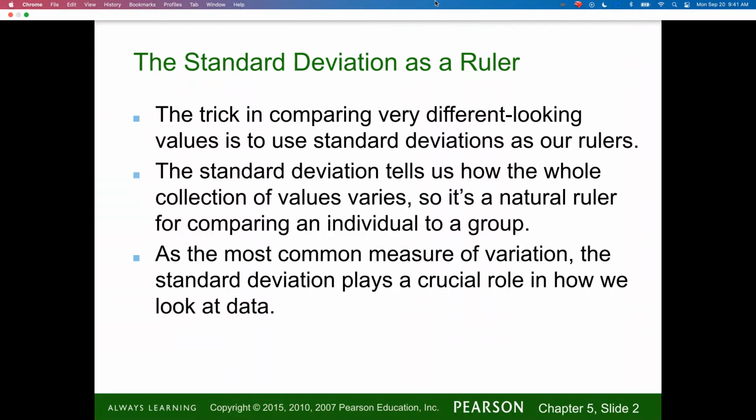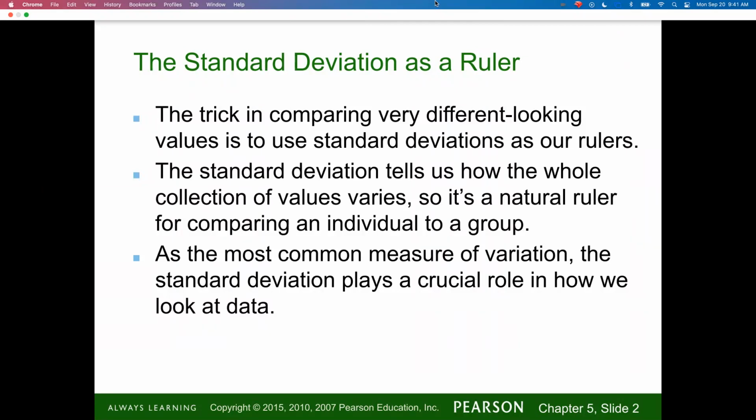So when you're comparing different values, the standard deviation is a good measure of the spread from the center. It also tells us the whole collection of values and how much it varies.